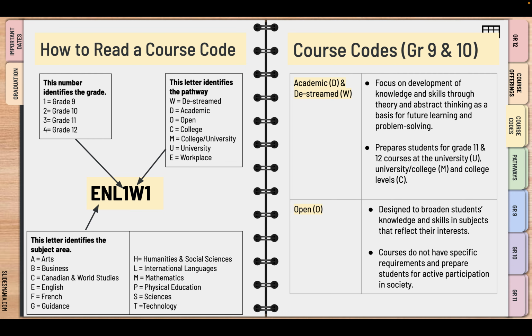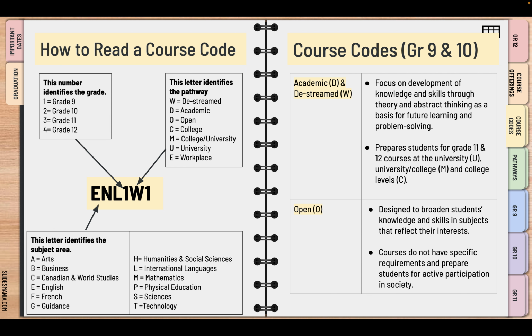Now, how do you read those course codes? What does ENL1W1 even mean? So, let's start with the E. The first letter identifies the subject area. You can see the different letters that are used for us here at DCTI, right? E for English.